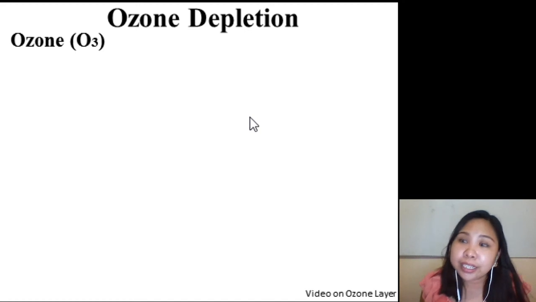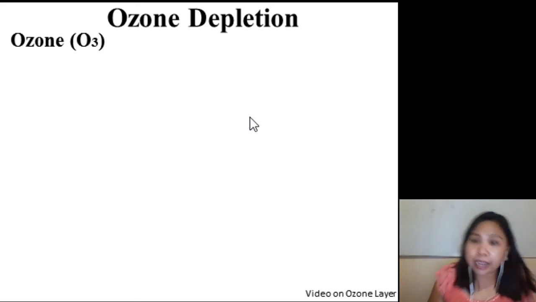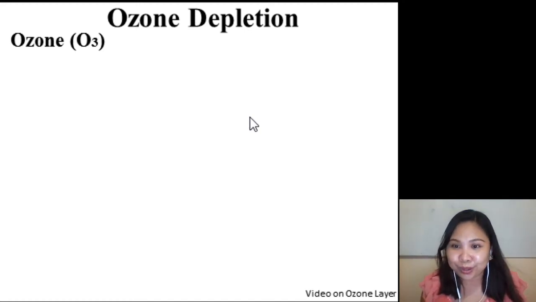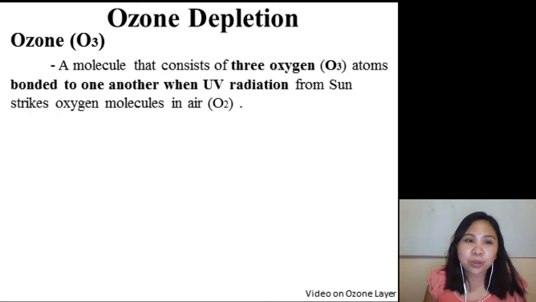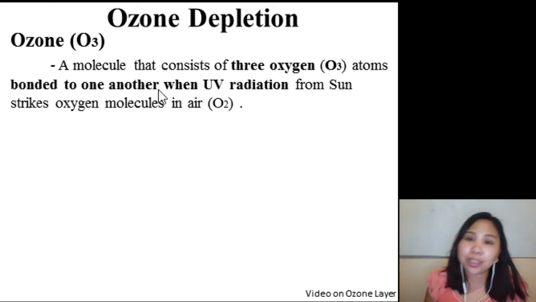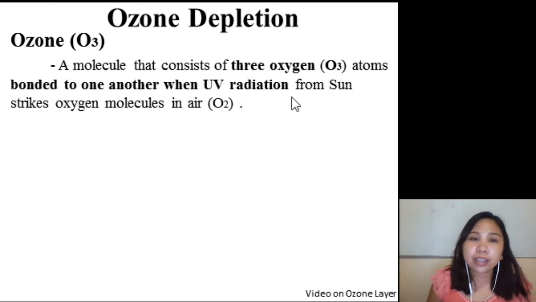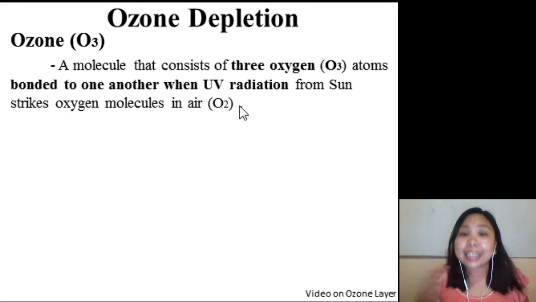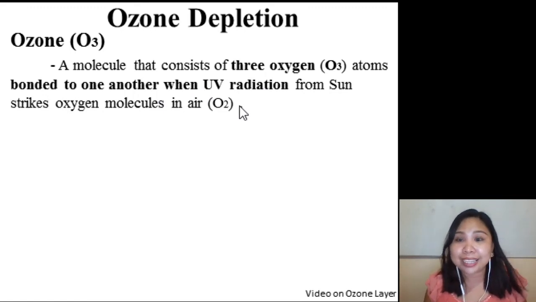yung ozone layer na matatagpuan sa stratosphere, this is the good ozone. Ozone is a molecule that consists of 3 oxygen atoms, O3, bonded to one another when the ultraviolet radiation from the sun strikes oxygen molecules in the air.